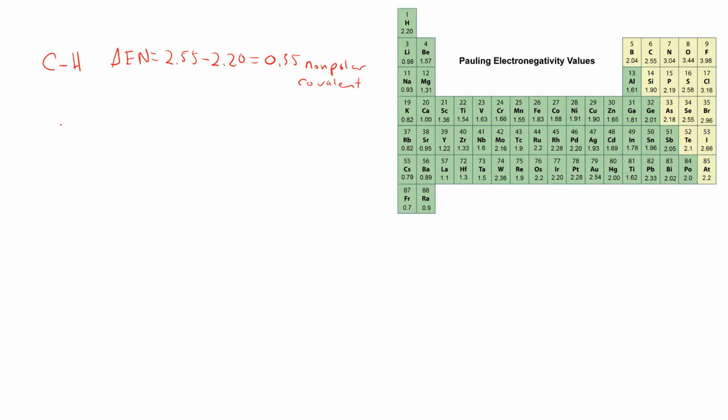Okay. If, however, you have something like O-H, the electronegativity difference there is going to be 3.44 minus 2.20. And so that one will be a difference of 1.24. That's going to be considered polar covalent.